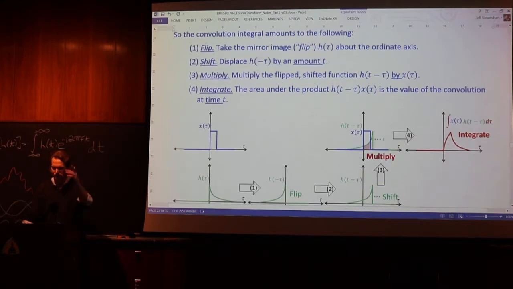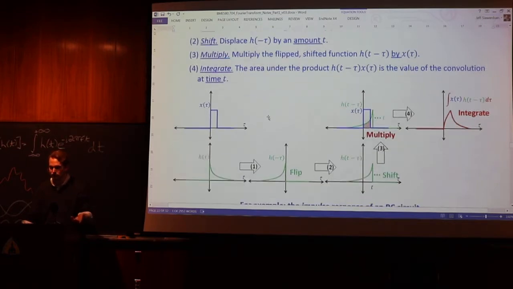All right, so that's my recipe. I'm going to flip h of tau around the y-axis. I'm going to shift it by some amount. I'm going to shift it by all amounts, right, because that's what's in the integral. Multiply it by x of tau, the other function. And then I'm going to integrate, right, the area under those two.